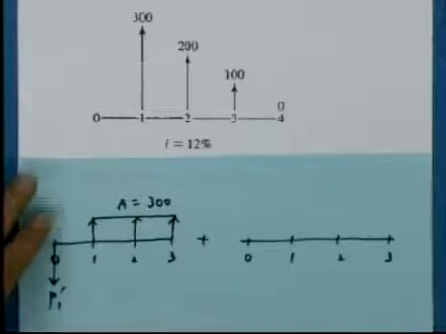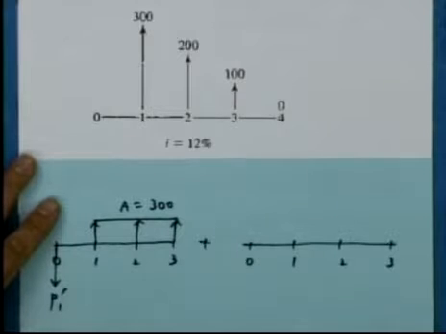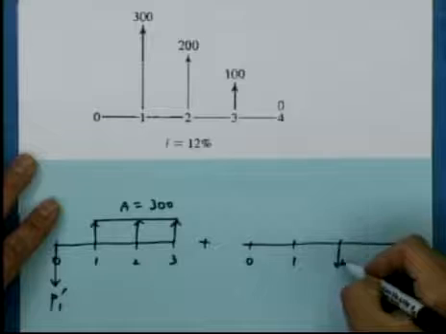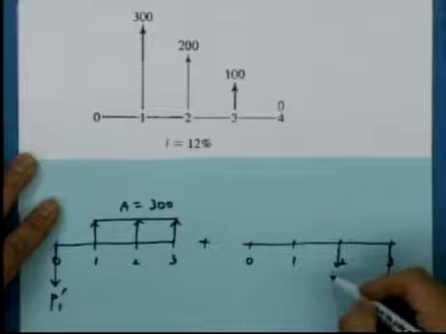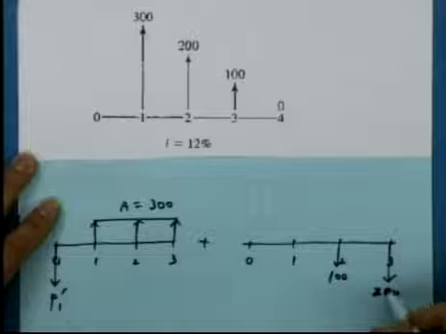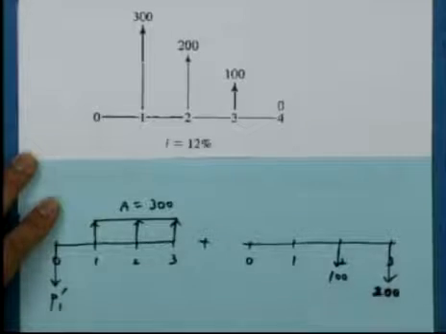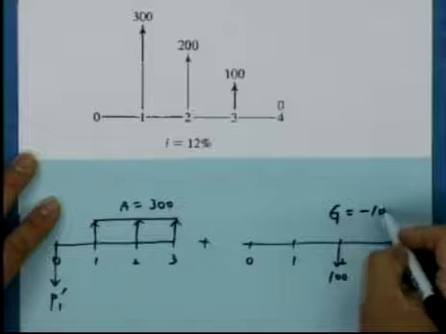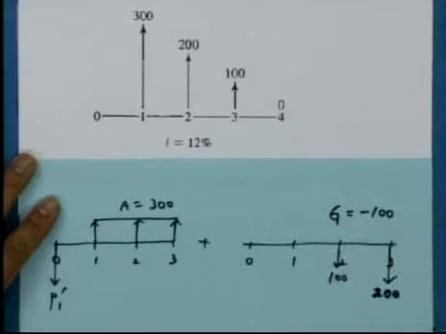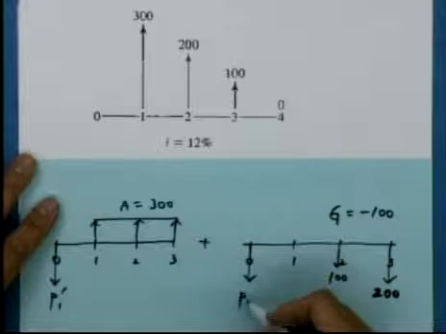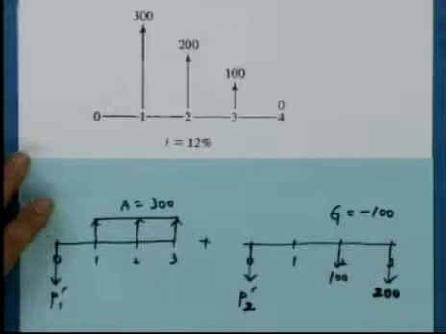Okay? And the arithmetic gradient series of 100 in this case. So we have negative 100, negative 200. Okay? So in that case, G equals negative 100. Okay? And let's set the present sum of money equal to P2 prime. Okay?